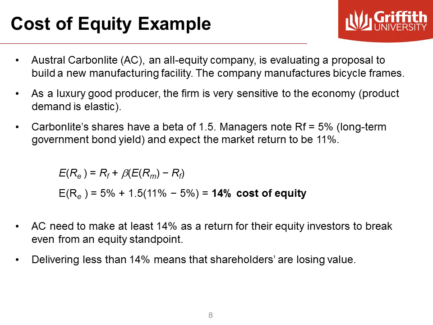Remember a positive relationship between beta and returns. So again, even before we do the calculation, we know the result has to be greater than 11% because the firm's beta is 1.5. So the company must make at least 14% on the capital invested by the shareholders to compensate them for their money. Anything less means loss of shareholders' value.